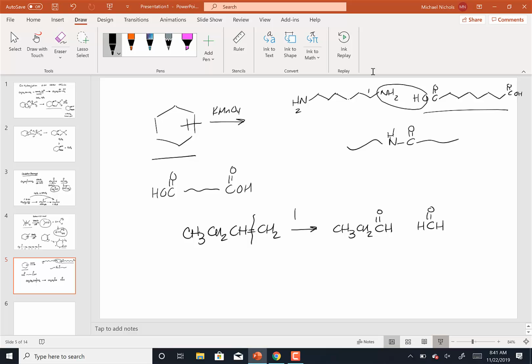Since this is going to be KMnO4, an acid still, this aldehyde is going to be oxidized up to the carboxylic acid, and this aldehyde is called formaldehyde.